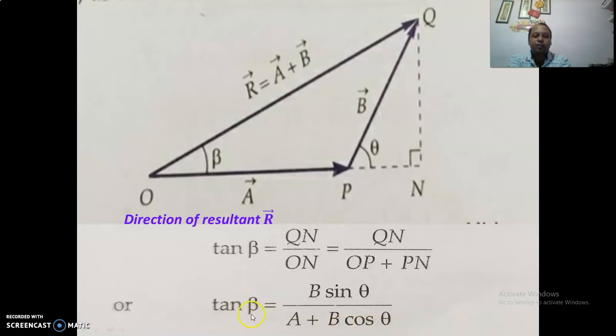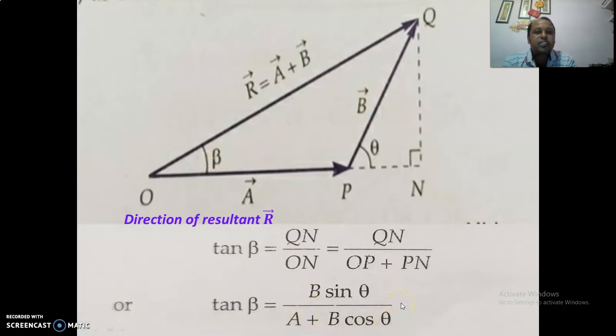So the value of beta will be given by tan inverse, that is tan raised to the power minus 1, of B sin theta by A plus B cos theta. Now always remember one thing: whatever angle beta we are taking here, in the numerator the side we take will be the one opposite to the angle beta. That is, if instead of vector A we write vector B here and this is vector A, then tan beta will be given by A sin theta by B plus A cos theta.